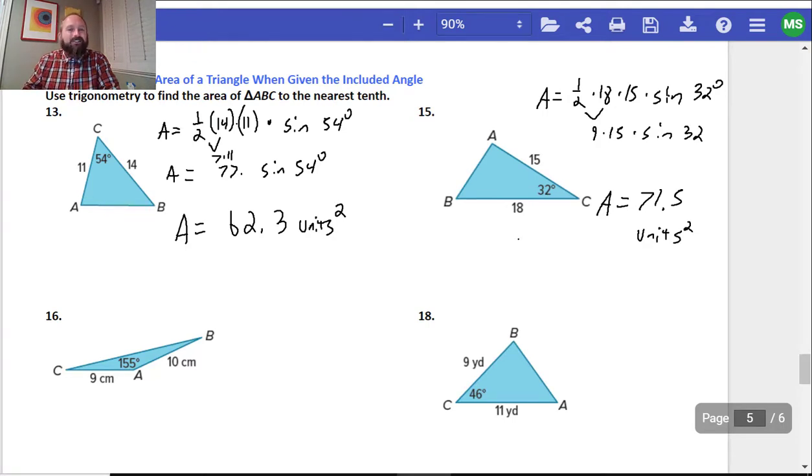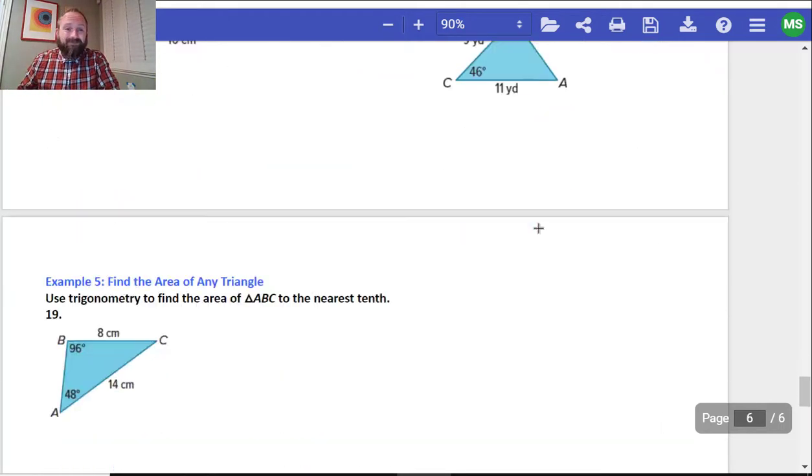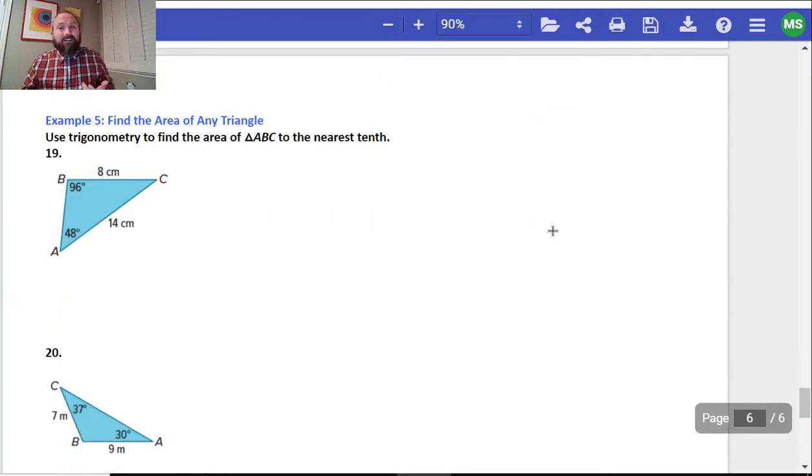All right, go ahead and do the next two. But we're going to go on to the next part in 3, 2, 1. All right, find the area of any triangle. So once again, if we can figure out what the other angle is, we can figure out the area using the sine.